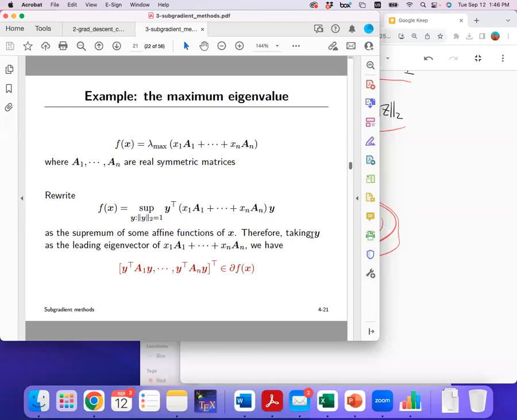That eigenvector achieves the supremum value of this problem because it is the leading eigenvector, so it must maximize this expression. So taking that y as the leading eigenvector, this forms a proper subdifferential.